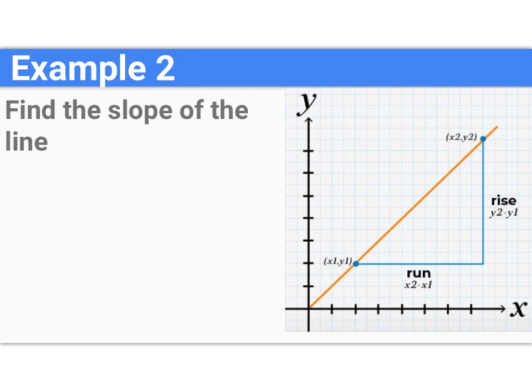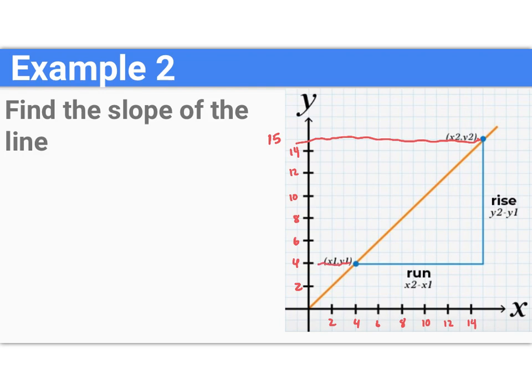So, let's call the black lines 2, 4, 6, 8, 10, 12, 14, and 2, 4, 6, 8, 10, 12, 14. And if we come over, we can see this is at 15.